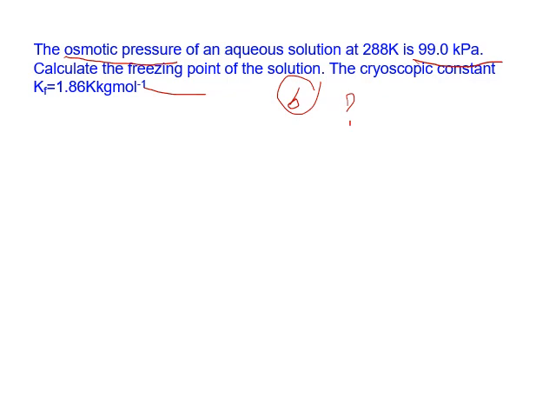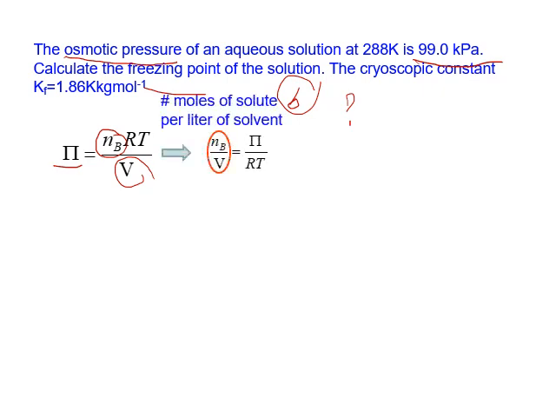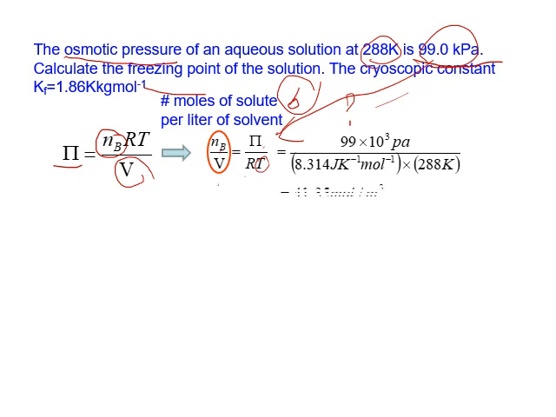Osmotic pressure is a measure of impurity. The equation is this one: osmotic pressure is the moles of the impurity, the solute, over the volume of the solvent, times R times T. To modify this equation, we can calculate the moles of impurity divided by volume, which should equal pi divided by RT. Pi is given as 99, and the temperature is given here, and so you can calculate N divided by V. N divided by V is moles per volume, but we want to calculate moles per kilogram.